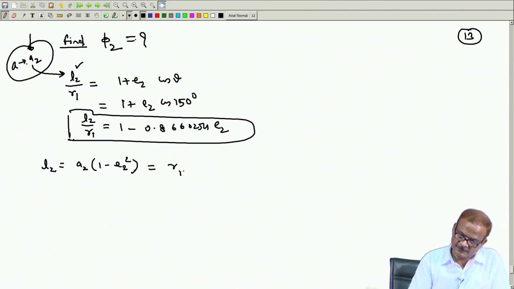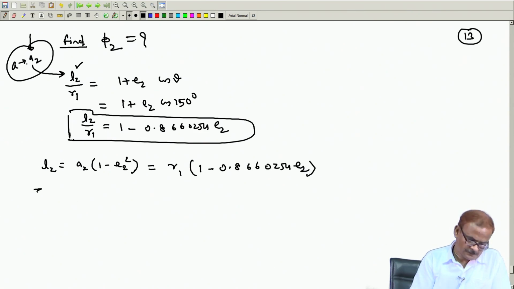This is R 1. So, R 1 times 1 minus 0.866024 E 2, and therefore from here we get this.